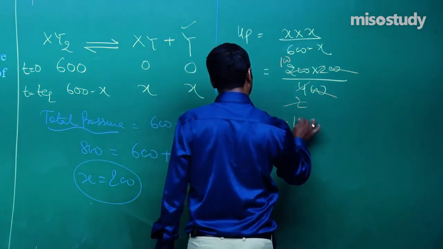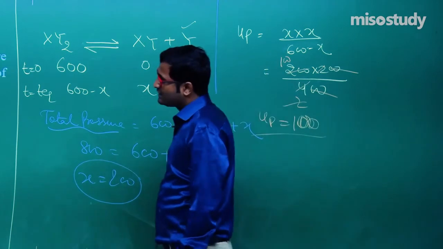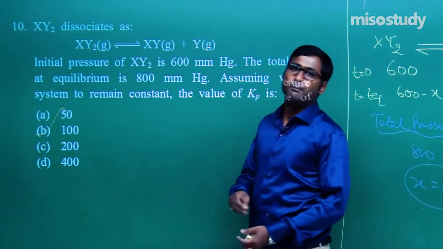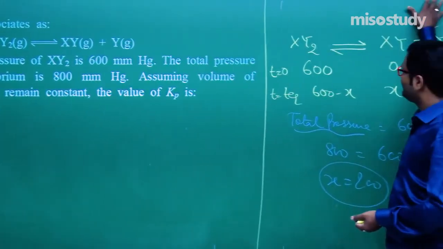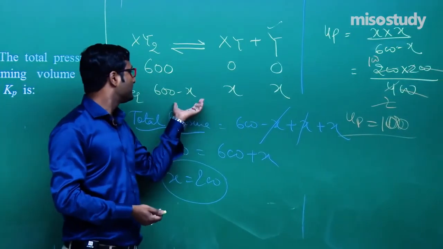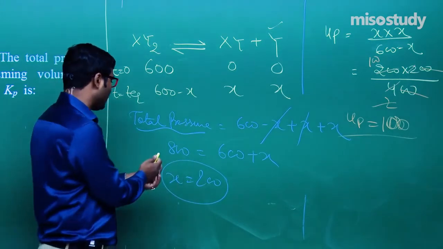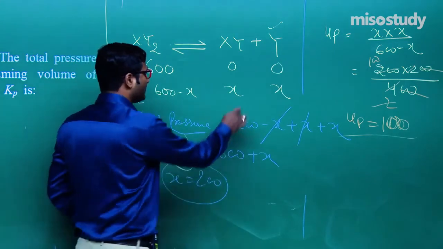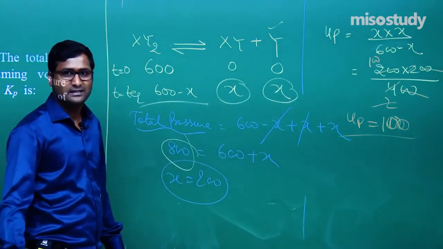Kp is equal to 100. Clear to you? So in this case the option is B. Clear? Look at the expression again: at T equal to 0, 600, 0 and 0; at equilibrium, 600 minus X, X and X. If you put the total pressure given in the question, 800, you get the value of X. Then write the expression X into X divided by 600 minus X. This is the general question.